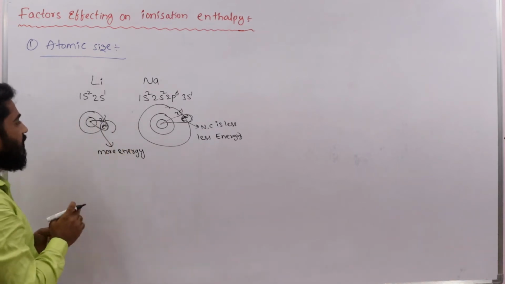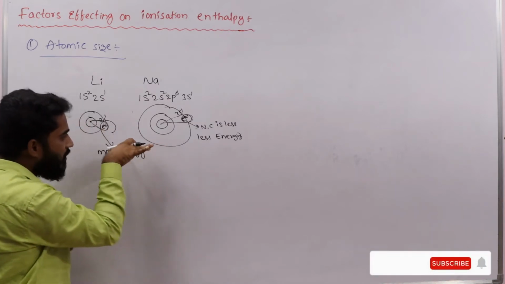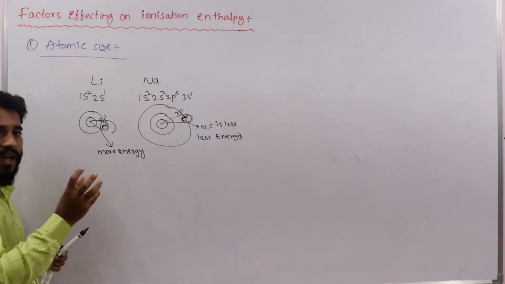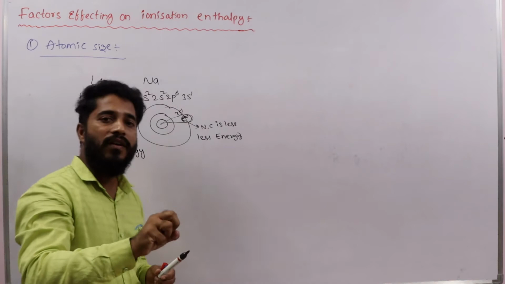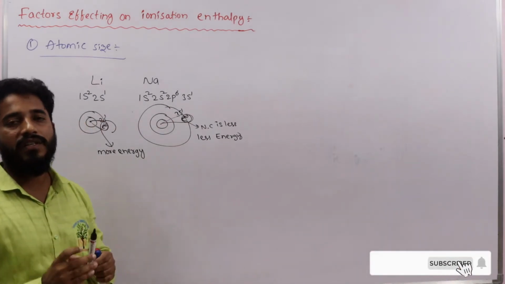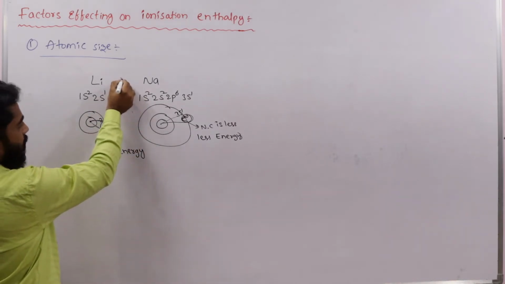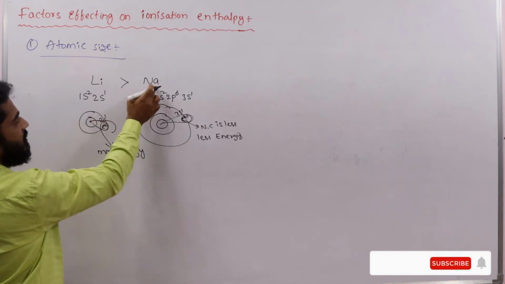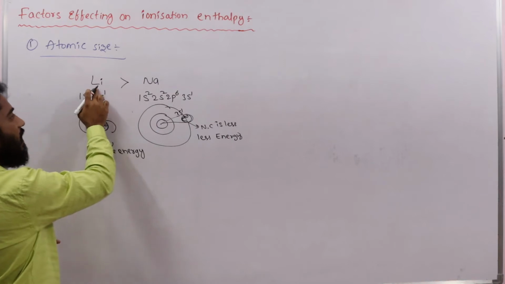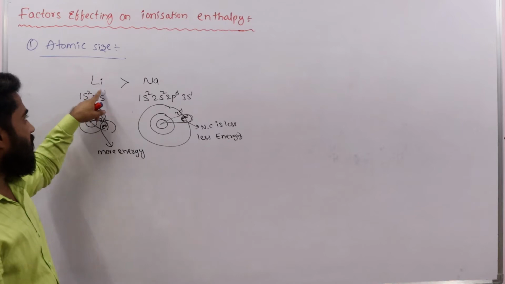That means as the size increases, nuclear attraction decreases. When it decreases, less energy is required to remove an electron from the outermost shell, that is ionization enthalpy. Between these two, sodium has less ionization energy because it is bigger in size, and lithium has a high ionization energy because it is smaller in size.